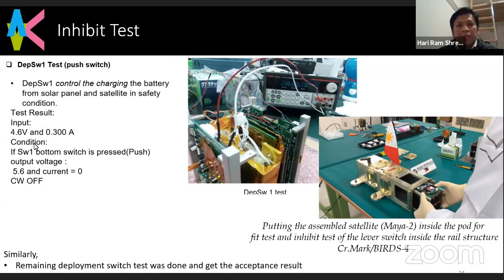So in the EPS part, one of the most important parts is the EV test: overcharge, over-discharge, and external short. In the EV test, there are 3 deployment switches. I present only 1 deployment switch test result here. The other 2 results are similar. We also check the board model. The result was good for BIRDS-3 and similar for BIRDS-4.